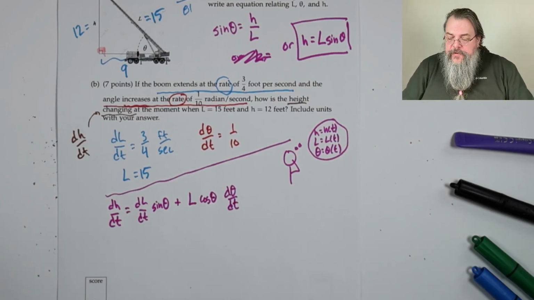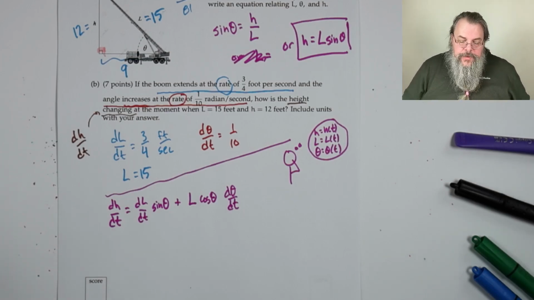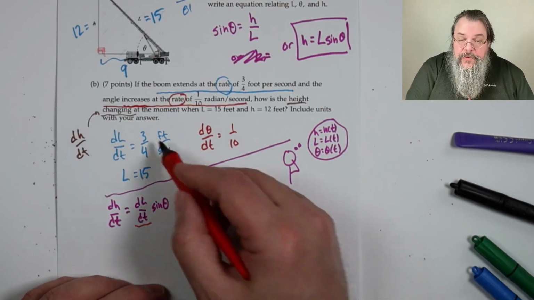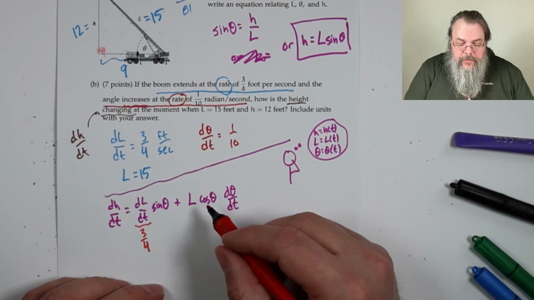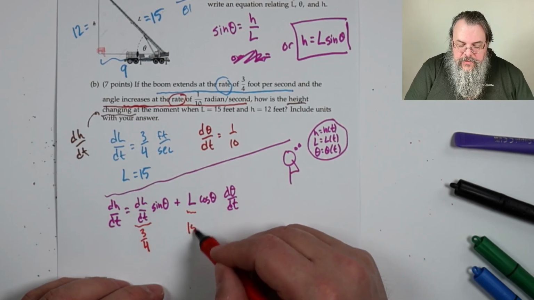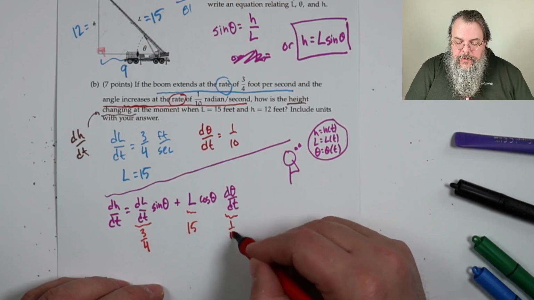Now comes the magic here. We want to plug in what we know. We were told dL/dt was 3/4. We know L equals 15. And d theta/dt was 1/10.